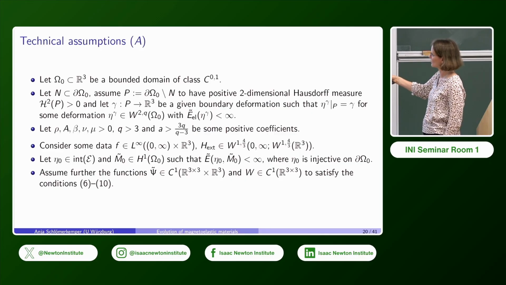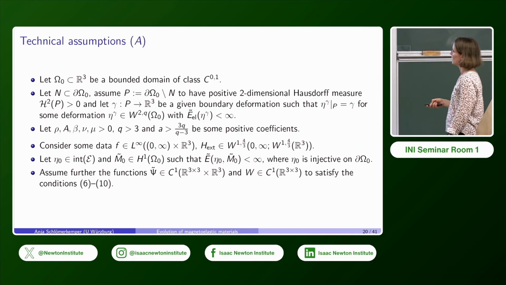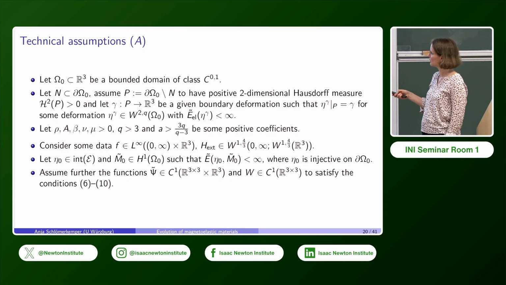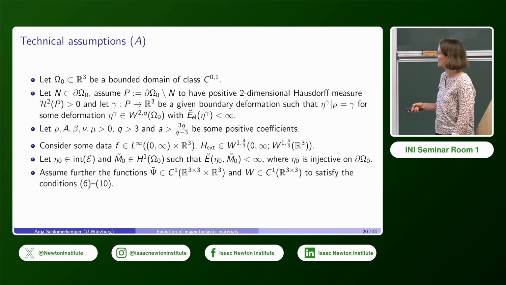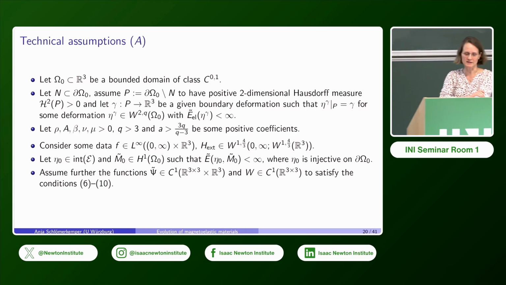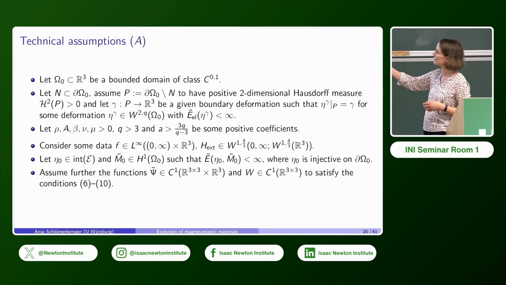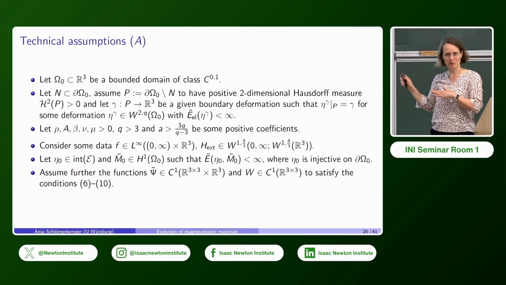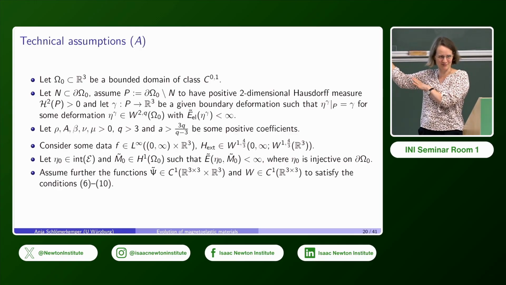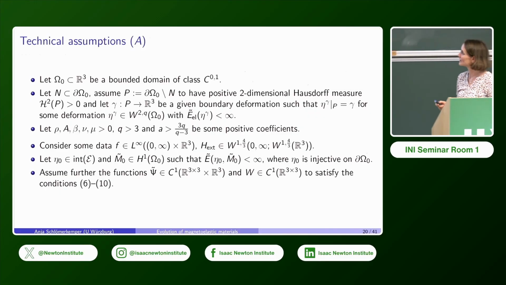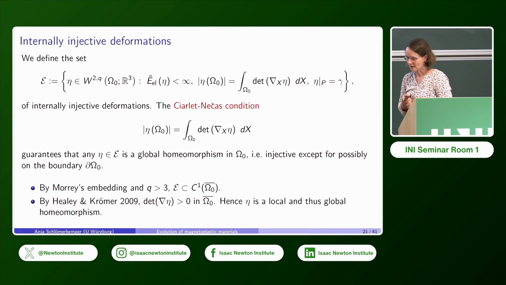We need some regularity assumptions on the external forces, or data. We have some assumptions on the initial conditions and on the functions C and W, as I mentioned earlier. All of this I will summarize as assumption A, and in the theorem I will just refer to this assumption A. Okay, and you somehow have an idea where it comes from.